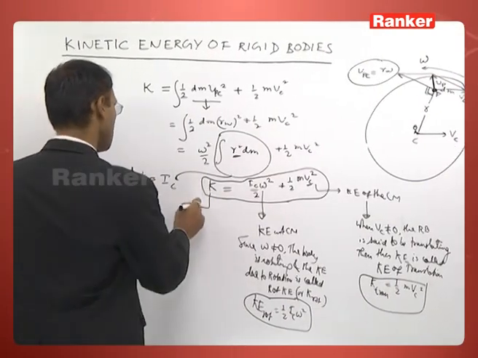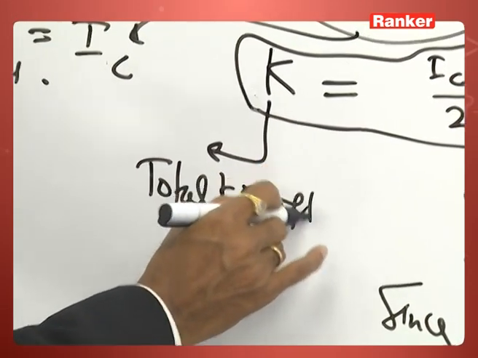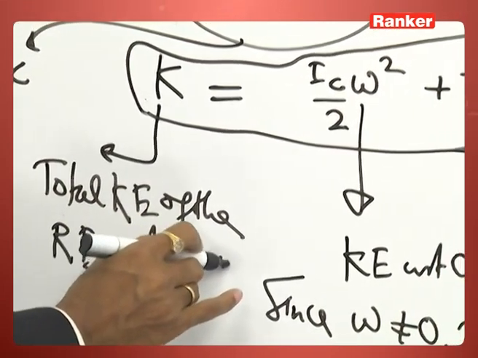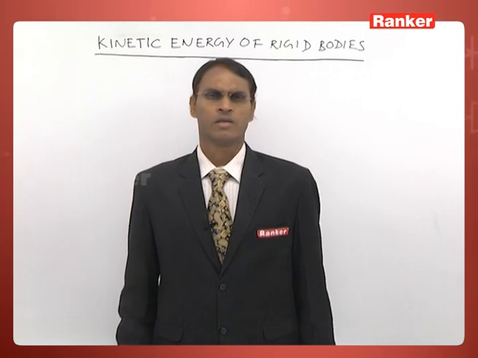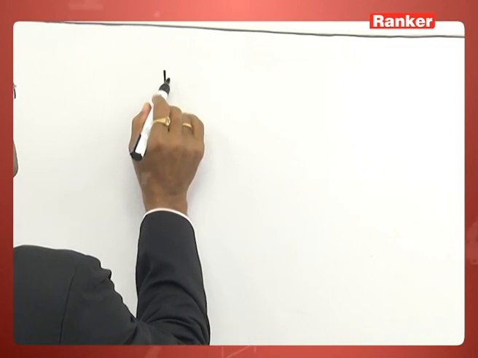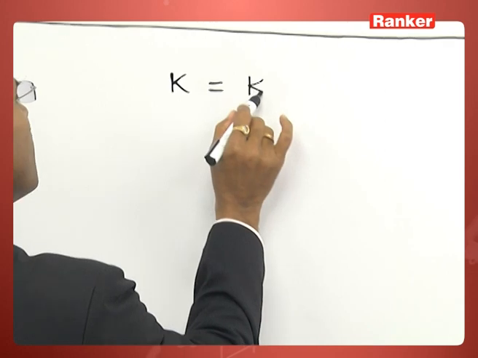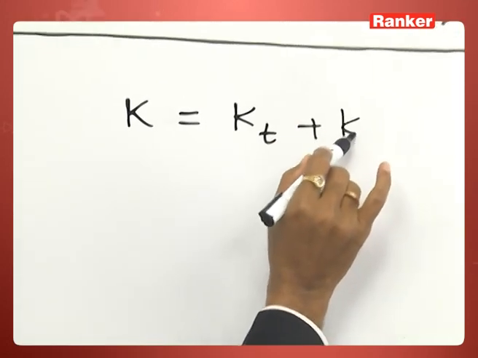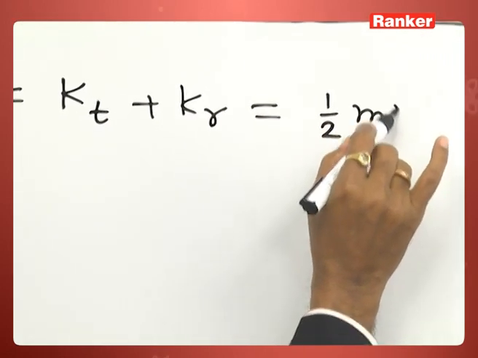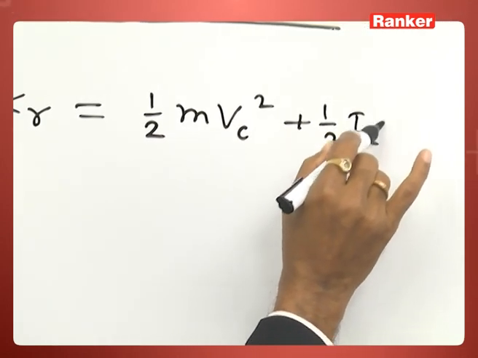And this is the total kinetic energy of the rigid body with respect to ground. Okay, so we got the formula. Kinetic energy of a rigid body is equal to kinetic energy of translation plus kinetic energy of rotation. Translational kinetic energy is equal to half M Vc square. Rotational kinetic energy is equal to half Ic omega square.